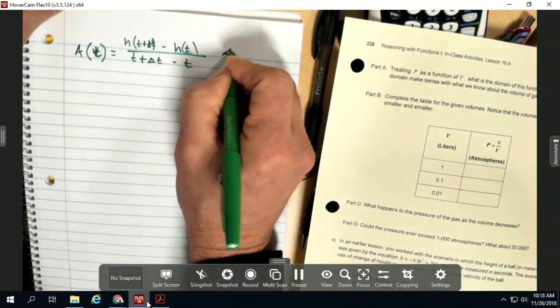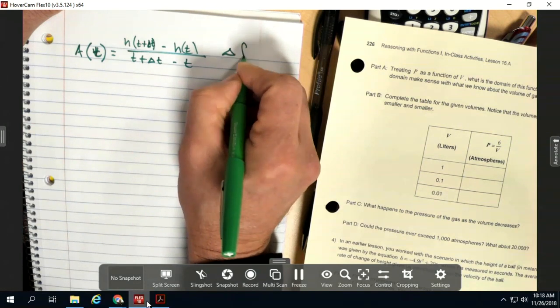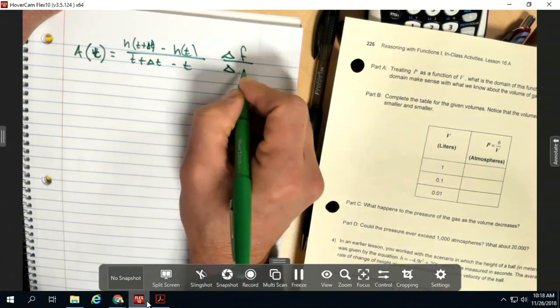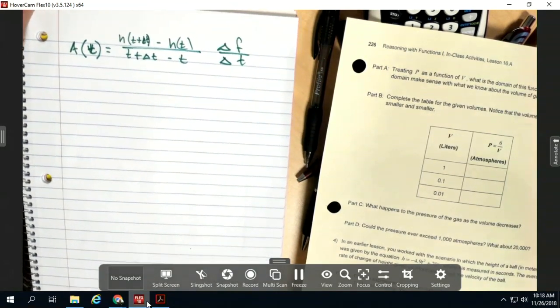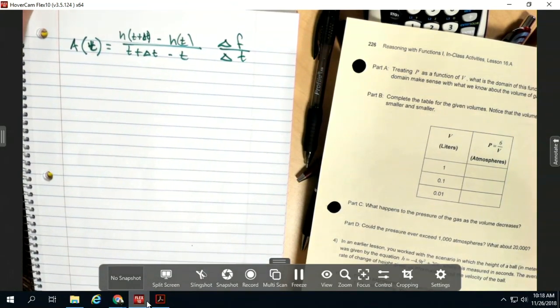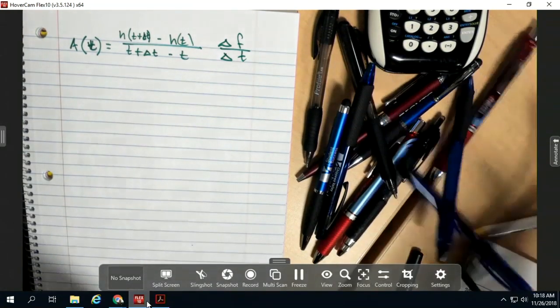Remember, it's the change in the function divided by the change in the time. Okay, so let's go through. You have to write really small here. In fact, I got to get out my glasses so that I can do this.